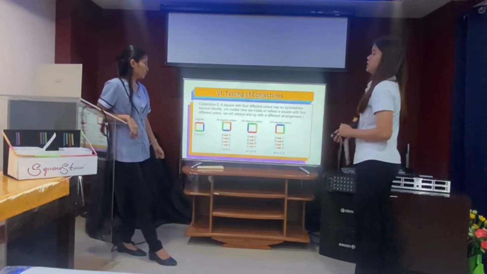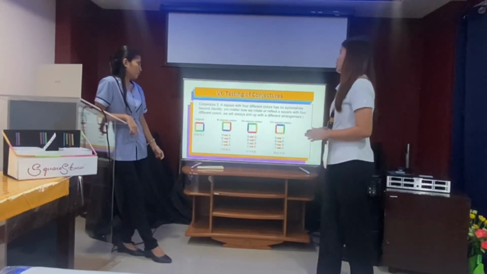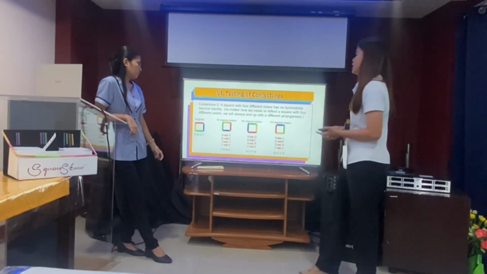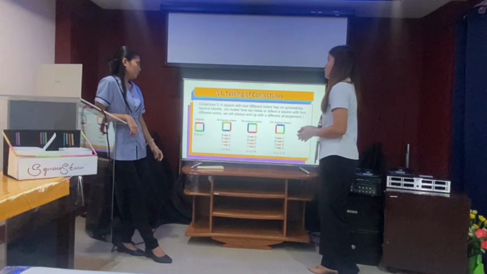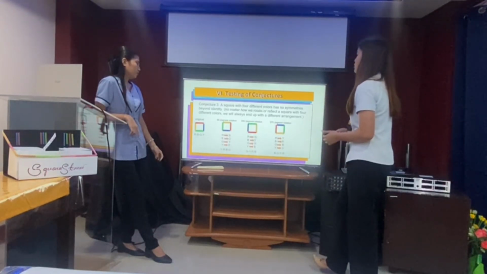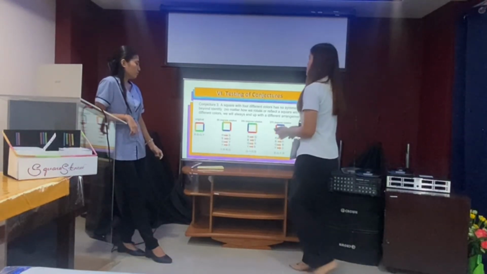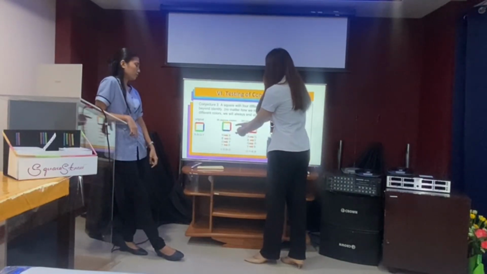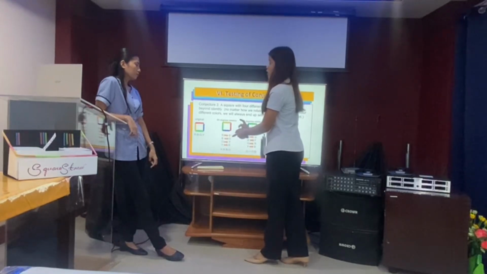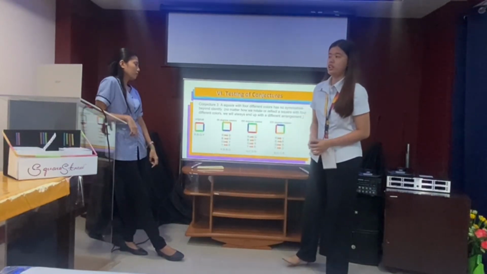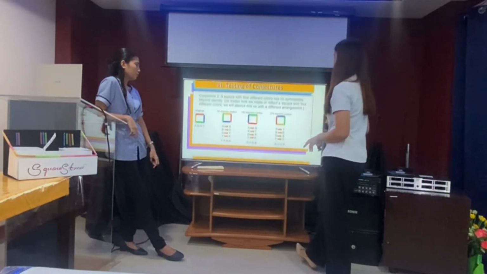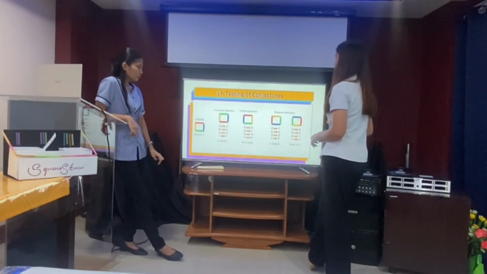Testing conjecture number 3: a square with 4 different colors has no symmetries beyond identity. No matter how you rotate or reflect a square with 4 different colors, you will always end up with a different arrangement. From this original, if you rotate it 90 degrees, we will have a different arrangement of colors, since the available colors are 4 and the sides of the square are 4.